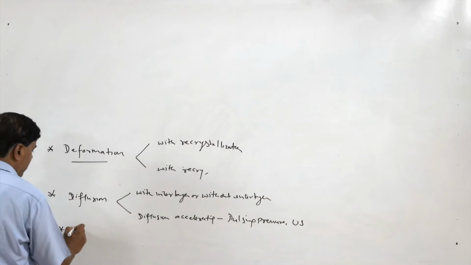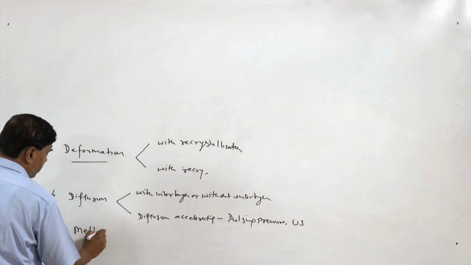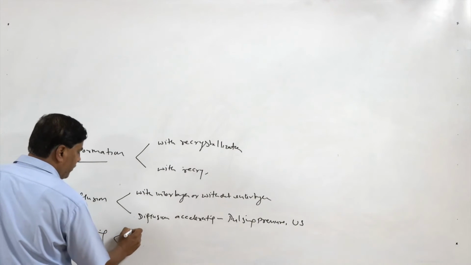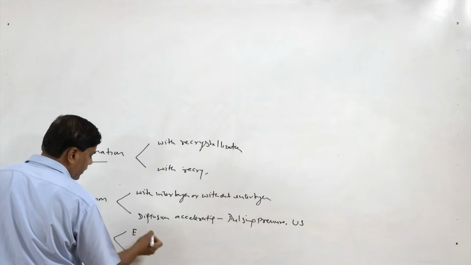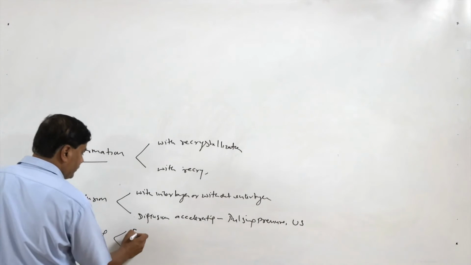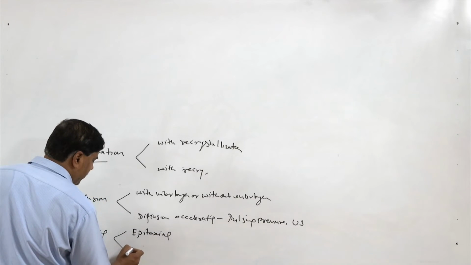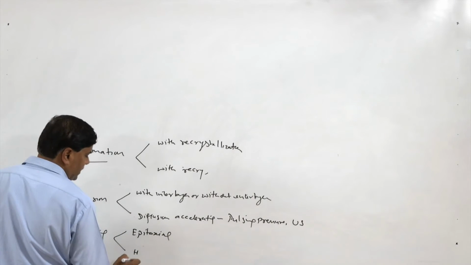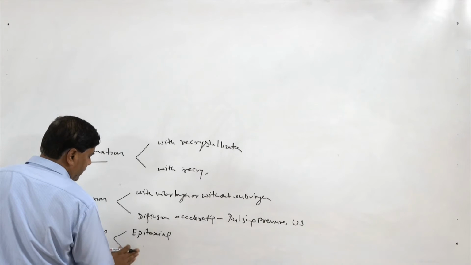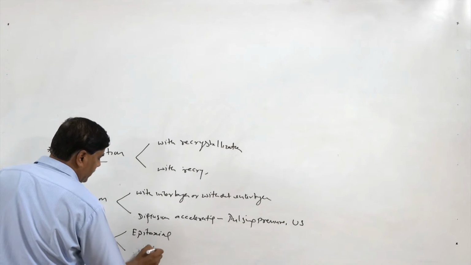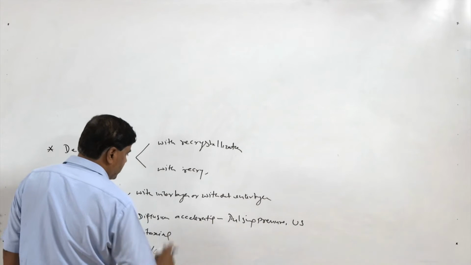The third one is the melting or the fusion of the faying surfaces, involving direct solidification, direct growth through the epitaxial mechanism, or the nucleation and the growth mechanism.